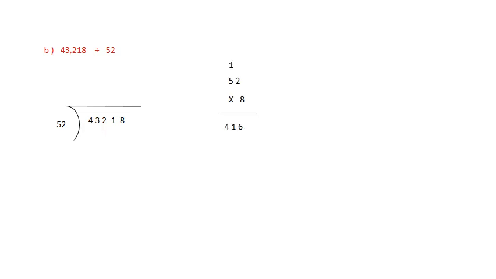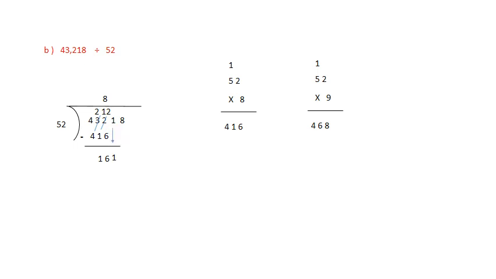So when you multiply by 8, you get 416. So we'll write down here 8s are 416. When we subtract, you get the answer 16. Now what will we do? We'll bring 1 down, so you get 161.